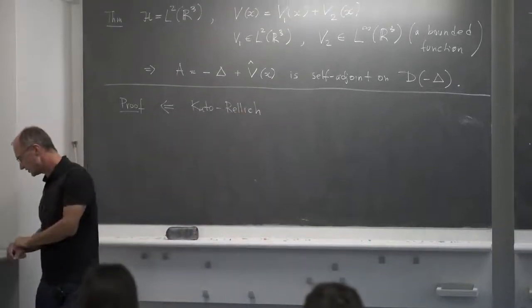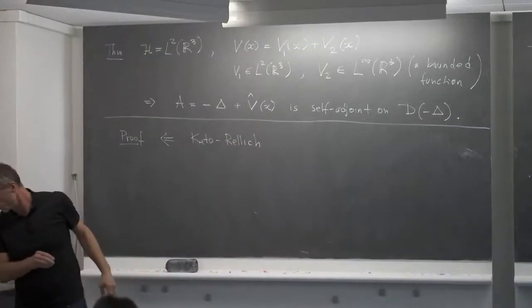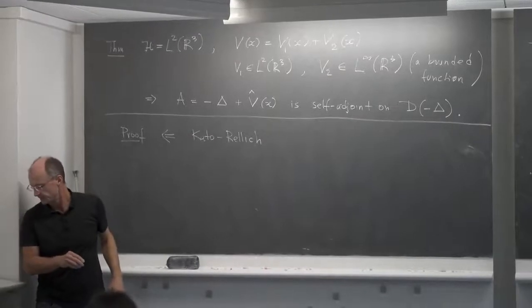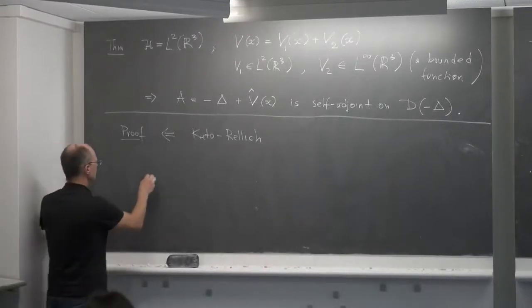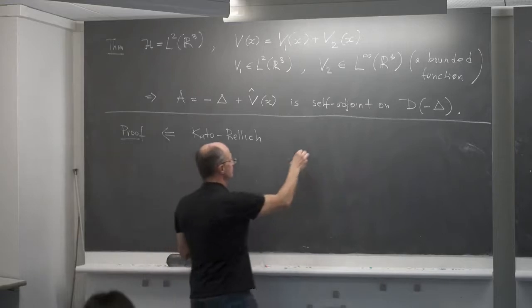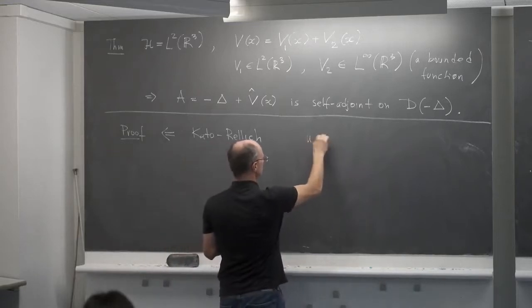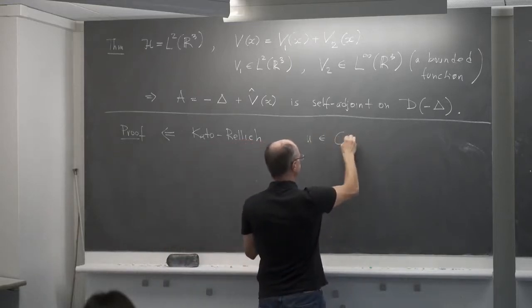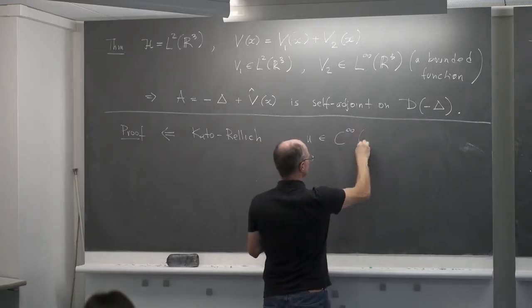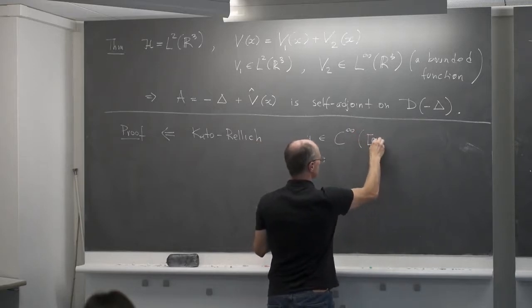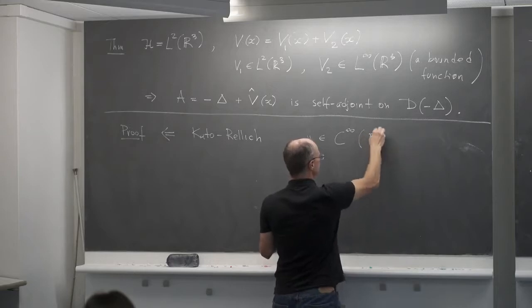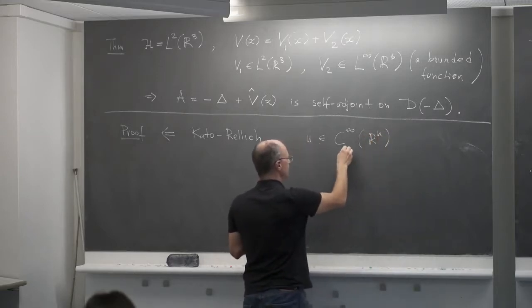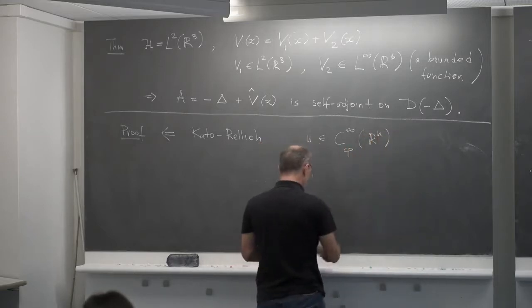So let me start with the following. Let me consider u in C infinity of Rn, maybe compactly supported.